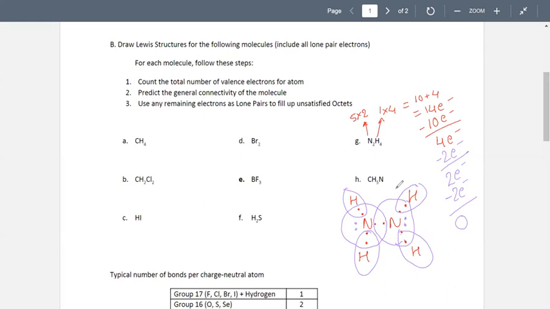And one more thing that you need to check is, did we use all of the 14 electrons or not? We said 0 here, but let's count to cross-check. 1, 2, 3, 4, 5, 6, 7, 8, 9, 10, 11, 12, 13, 14. So all 14 electrons are used. So our structure is correct.